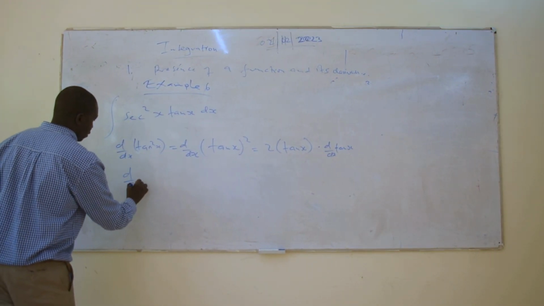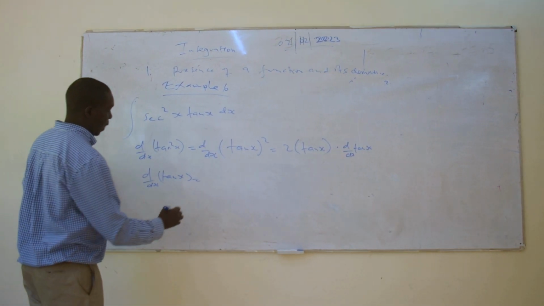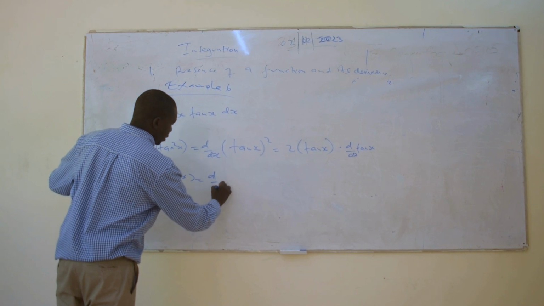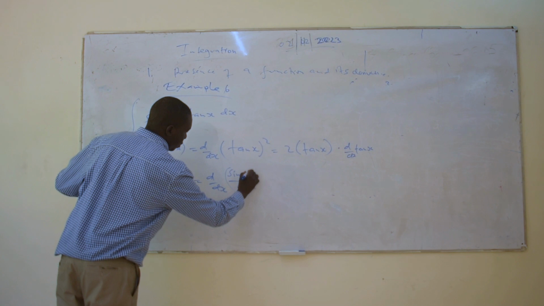And the derivative of tan x is the same as d/dx of sin x over cos x.